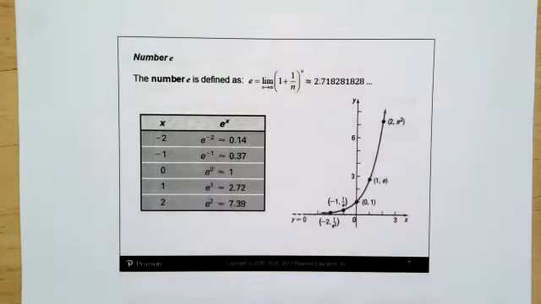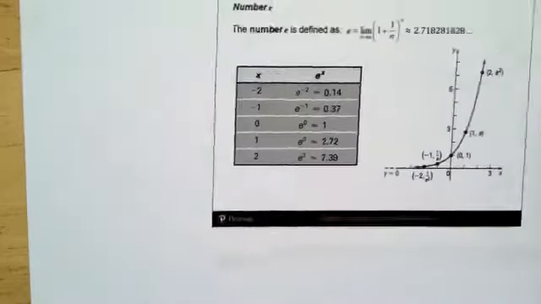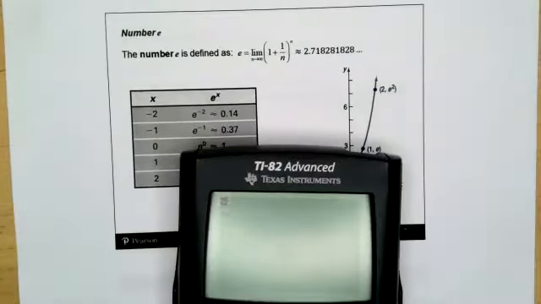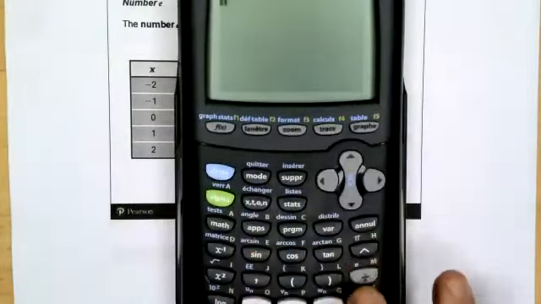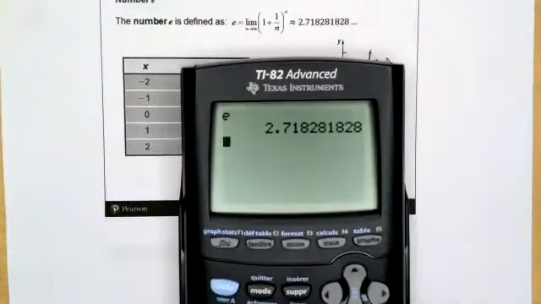It has a numerical value just like pi in your calculator. So you can put e into your calculator and you'll get a number. So it's approximately 2.71828.